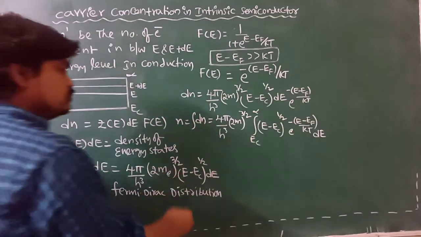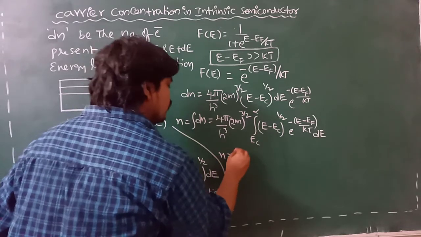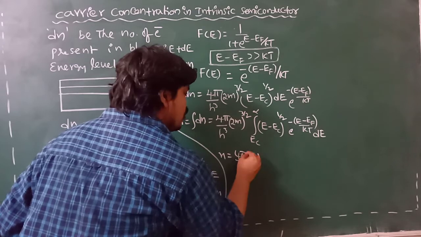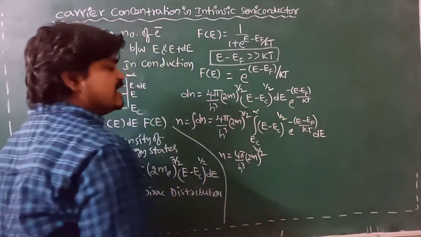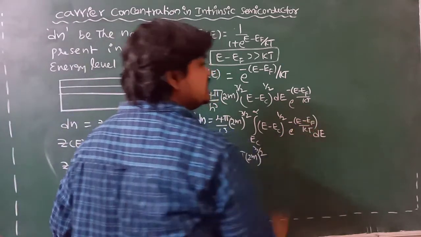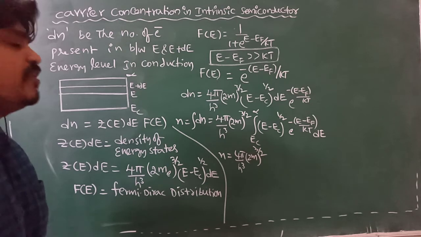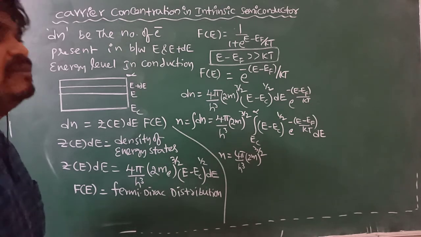Now n is equal to 4 pi by h cube, 2m whole power 3 by 2, e power minus E by kT, e power plus EF by kT. The Fermi energy level in the case of an intrinsic semiconductor is a constant.